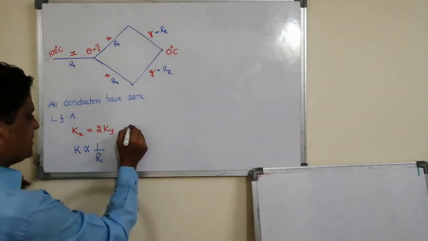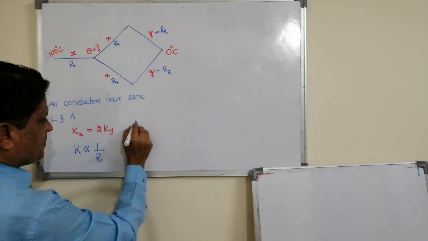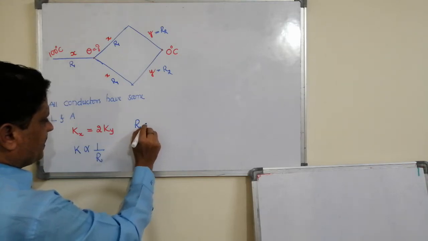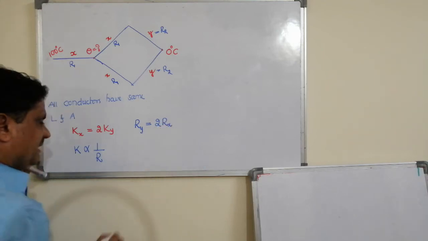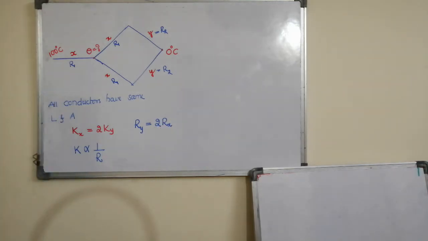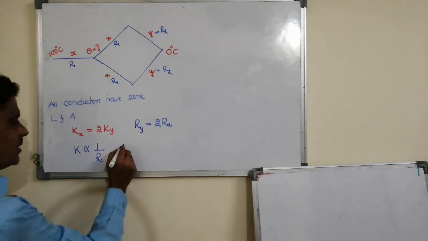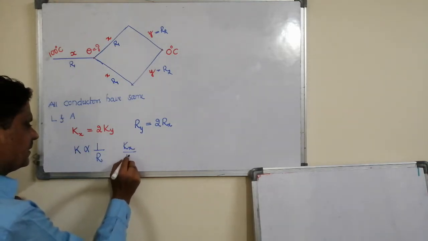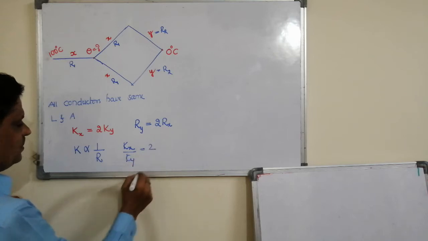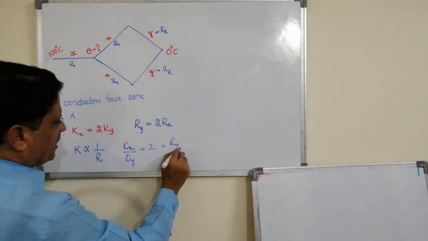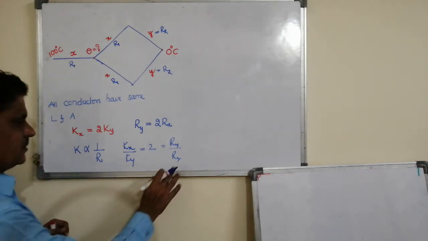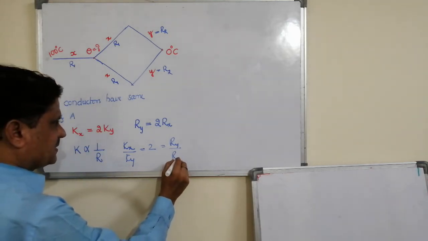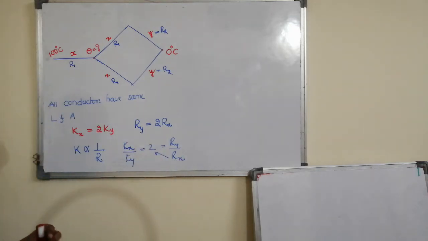Based on this, resistance of Y is equal to 2 times resistance of X. Or you can say Kx by Ky is equal to 2, that is equal to Ry by Rx. So Ry is equal to 2 times Rx.